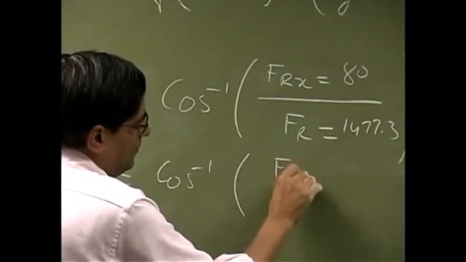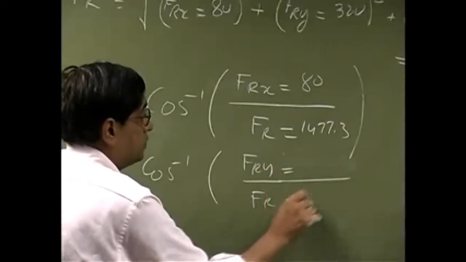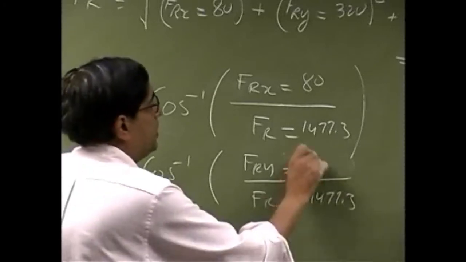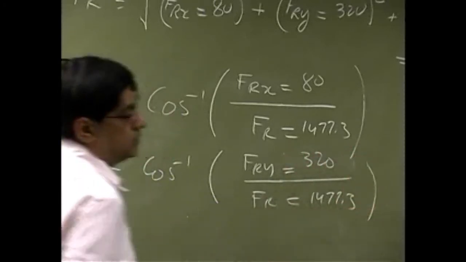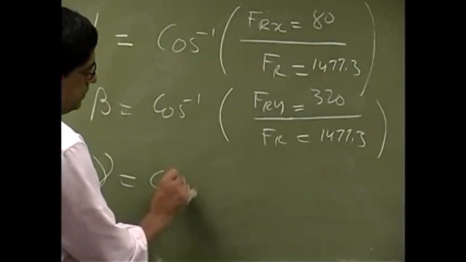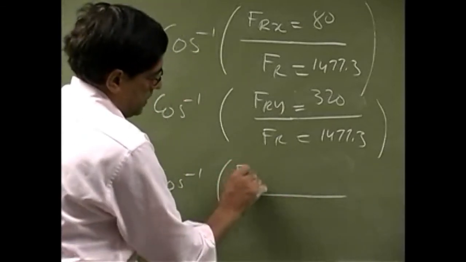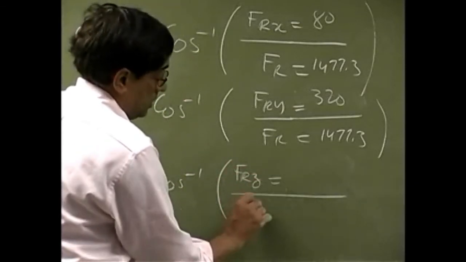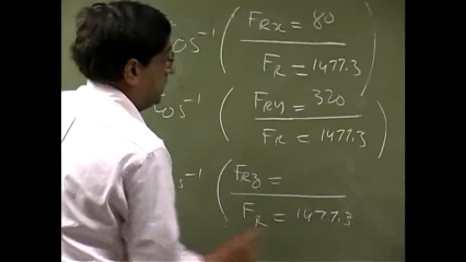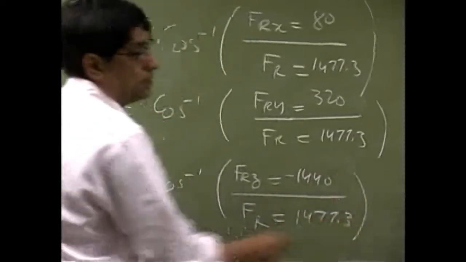The equation is Fry over Fr. This one is 1477.3, and Fry is 320. Then you have the third angle, which is gamma, and you have cosine inverse, and it's going to be the same kind of equation, which is Frz divided by Fr. That's 1477.3 and negative 1440.